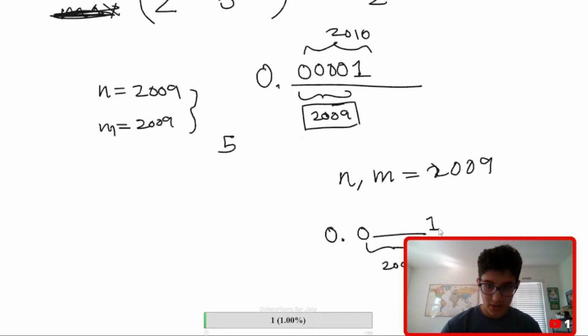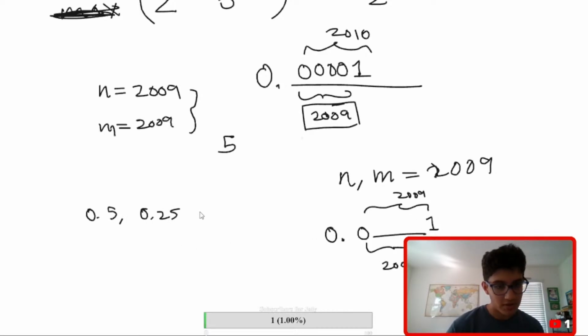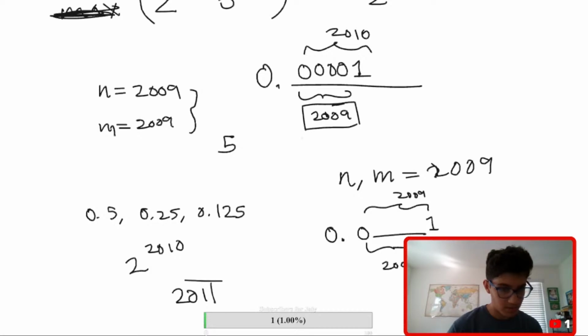This will now, instead of the point 1, which has 2009 digits, right? 0.5, 0.25, 0.125. Actually, yeah, that's right. So 2 to the 2010. Yeah, 2 to the 2010. So then the number of factors would be 2011, right?